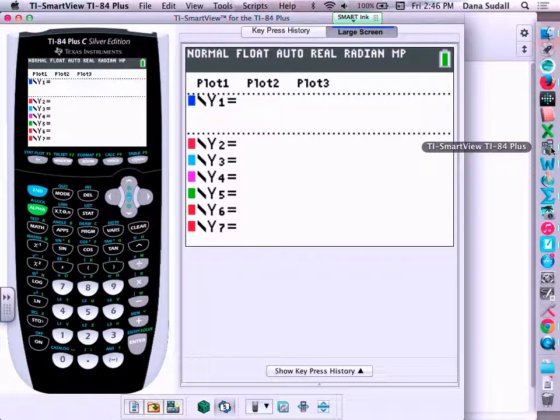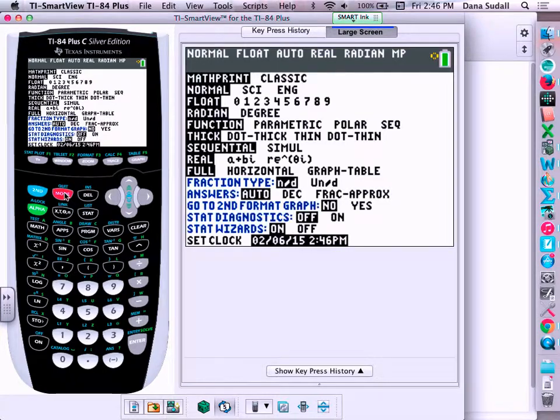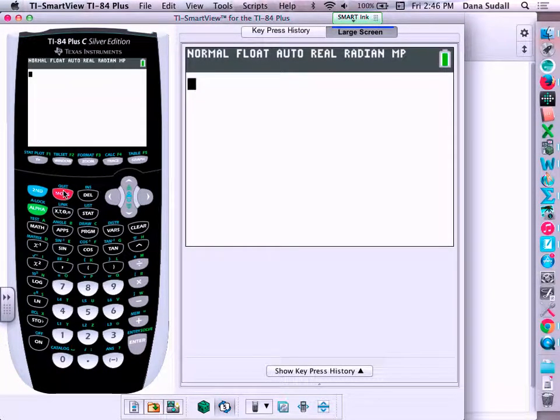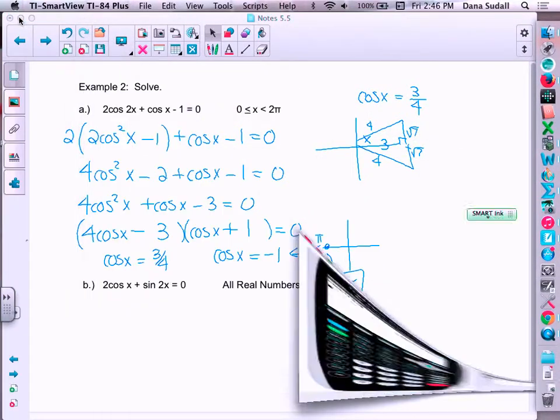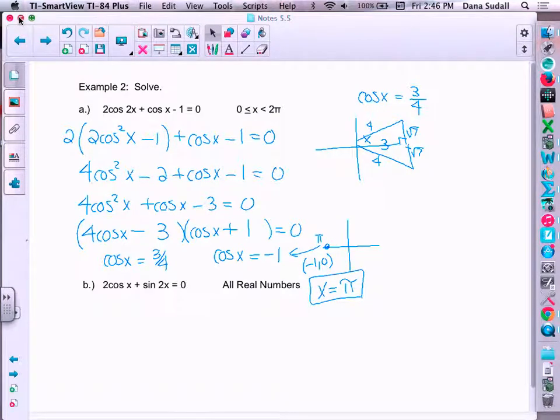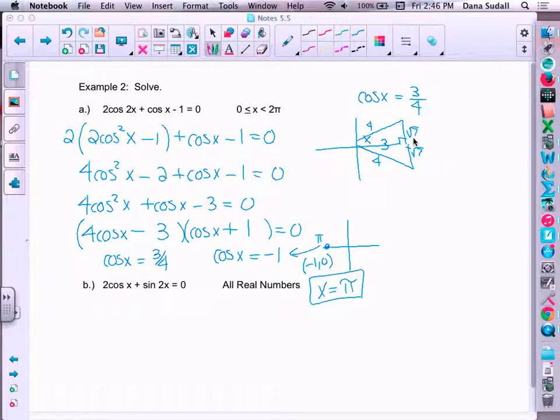All right, so we can type in, make sure you're in radian mode, which we are, and it was cosine x is 3/4. So inverse cosine, 3 divided by 4, and I get an outcome of 0.72, round it to 3 decimal places, 0.723.